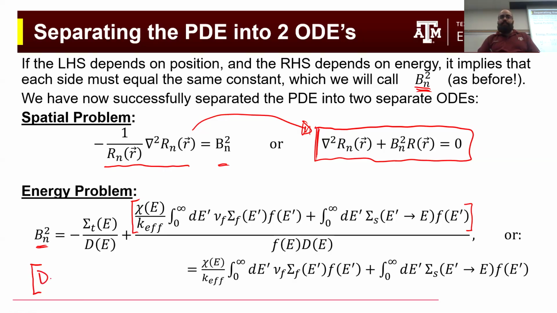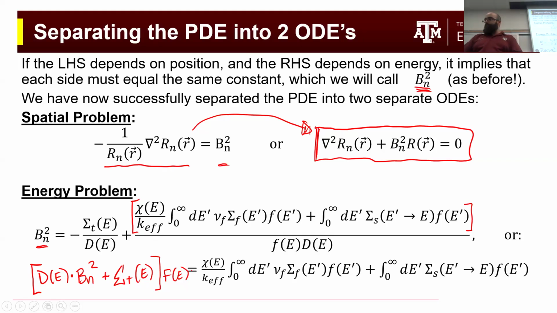I'm going to have that diffusion coefficient as a function of energy times that Bn squared. And then I'm going to have plus that sigma t of E. And that whole thing is going to be multiplied by that energy distribution function f of E. So I'm just doing algebra to rewrite the equation in this form.